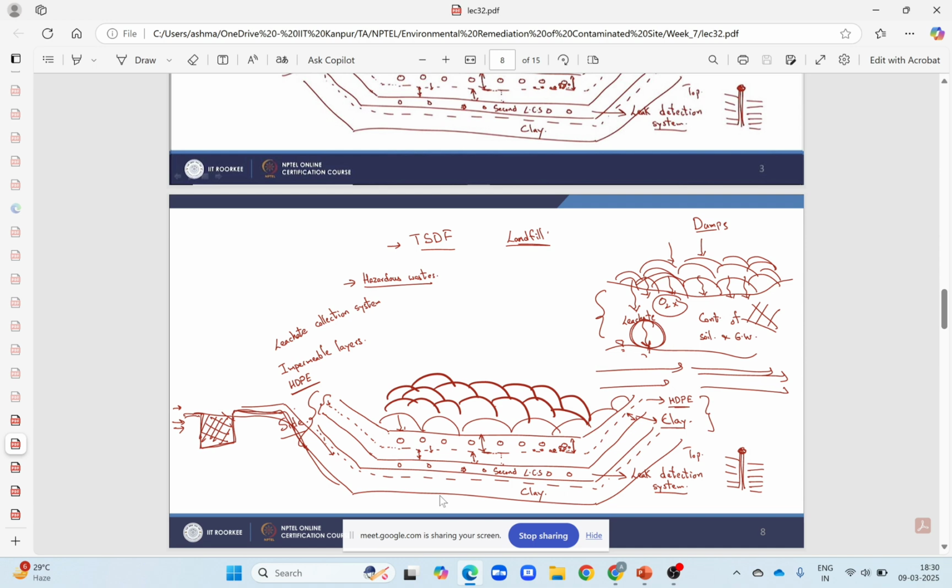These perforated pipes will collect the leachate, and that leachate will go for treatment, and again this layer will be repeated above that, and above that the waste will be deposited in different cells and covered with soil every day.